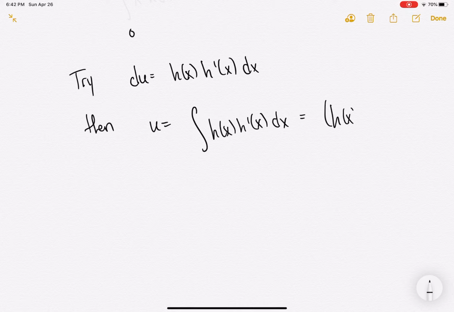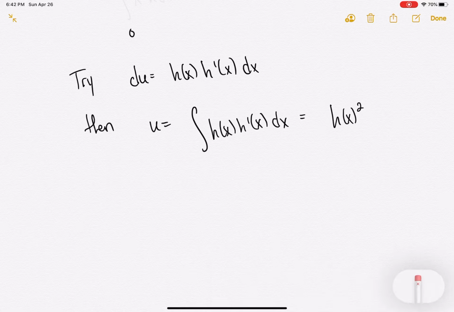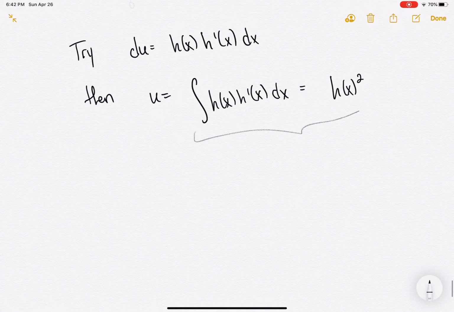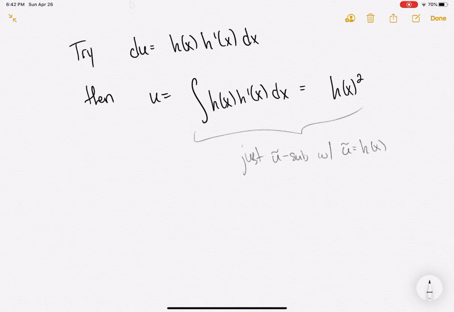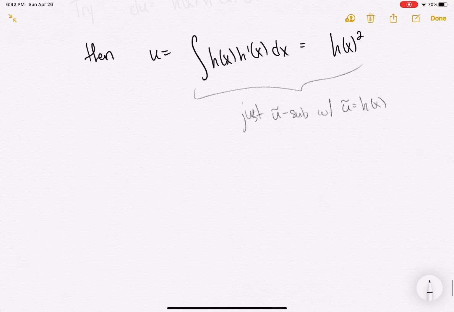This gives me h of x squared. You say, how in the world? This is just u substitution with u equals h of x. And so I'm going to call it u tilde sub because we don't want to get our u's confused, but that's why that's true.